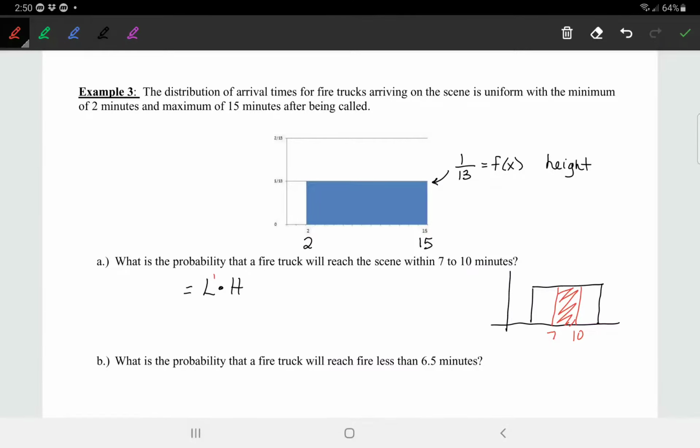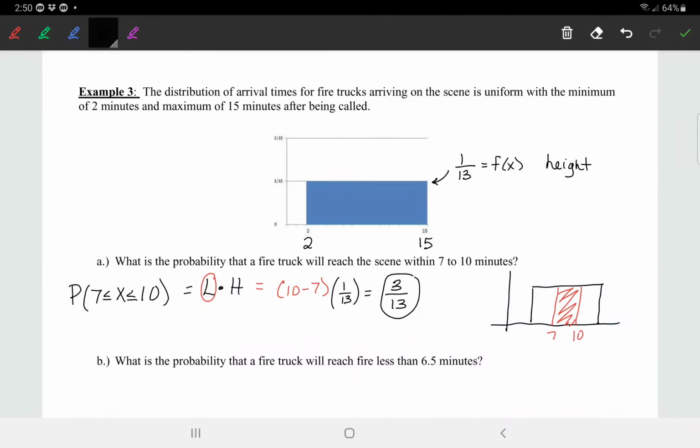And we know the length will be equal to 10 minus 7. The height of the rectangle we found previously, this is 1 over 13. So the probability that the fire truck will reach the scene between 7 and 10 minutes after being called is equal to 3 over 13.